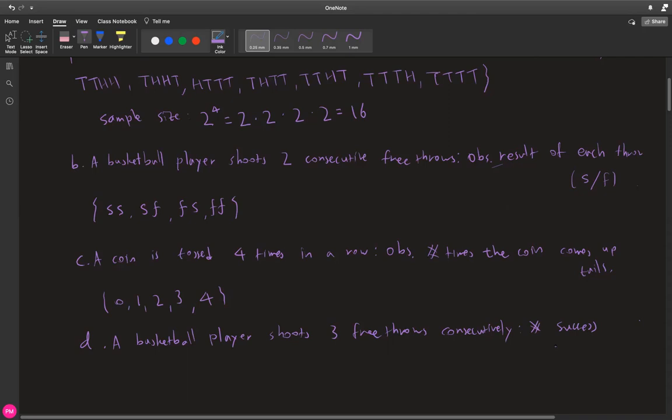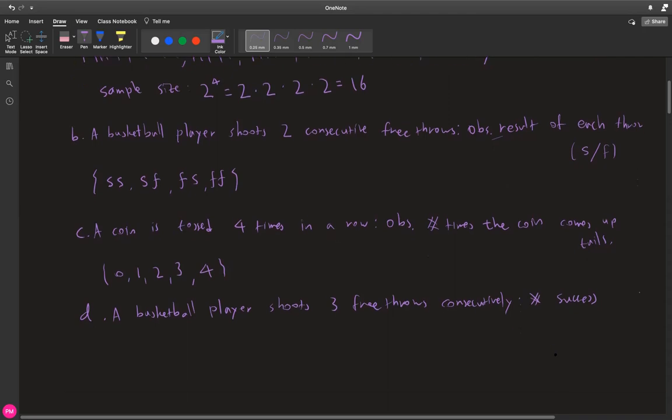In other words, we're counting the number of scores that the player yields.